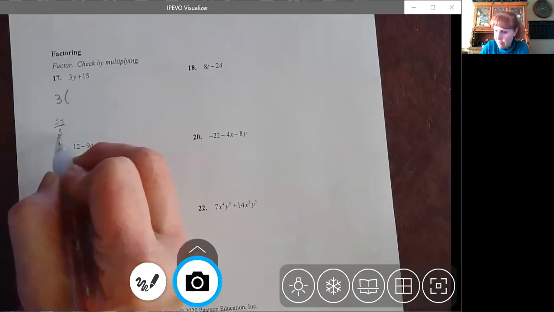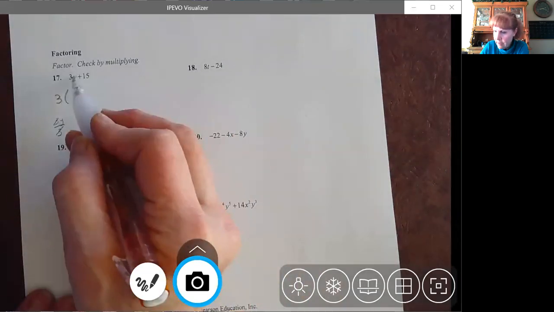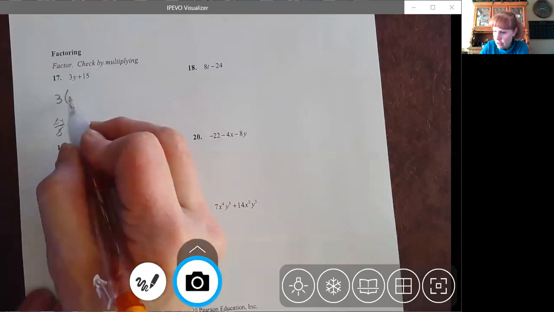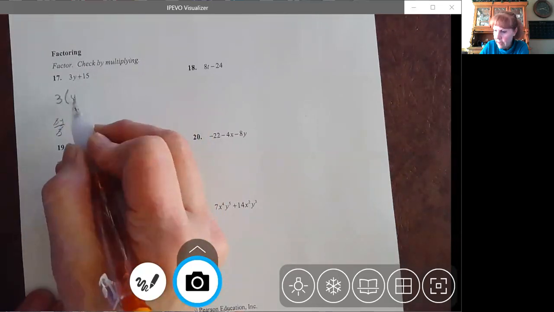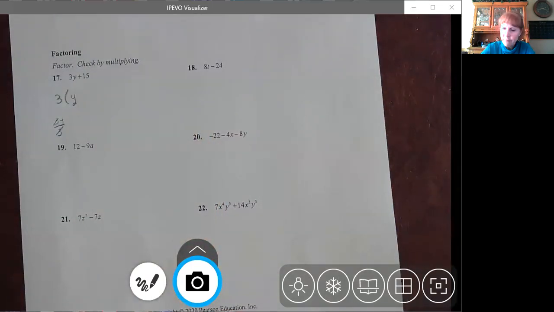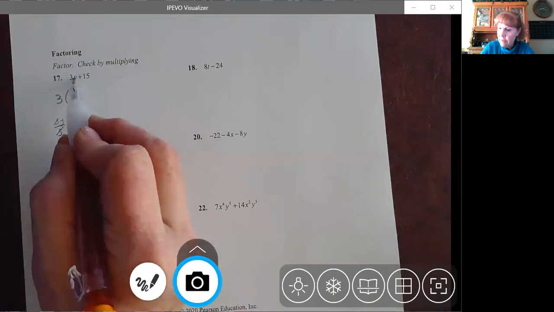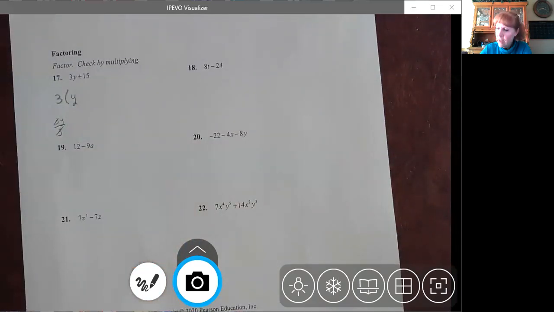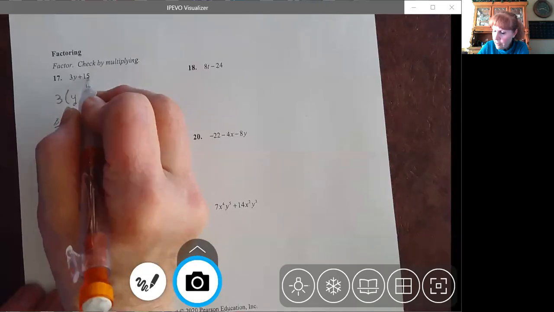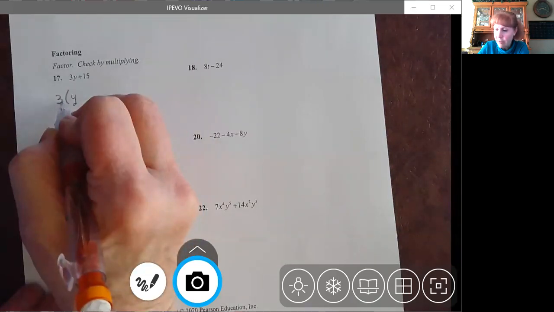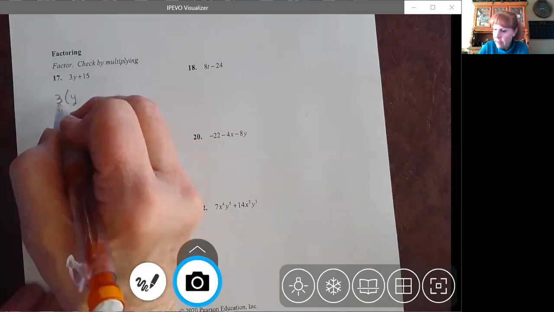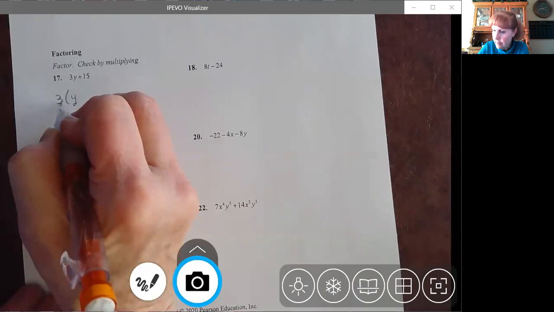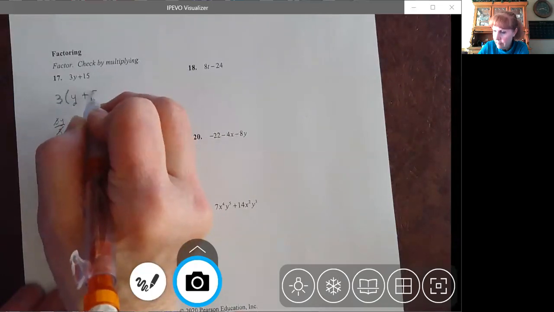Take this divided by this, it's just a y. That's all that's left. Check it. This times this gives you that. Perfect. Now, plus 15 divided by 3. 15 divided by 3 is 5. Plus 5.